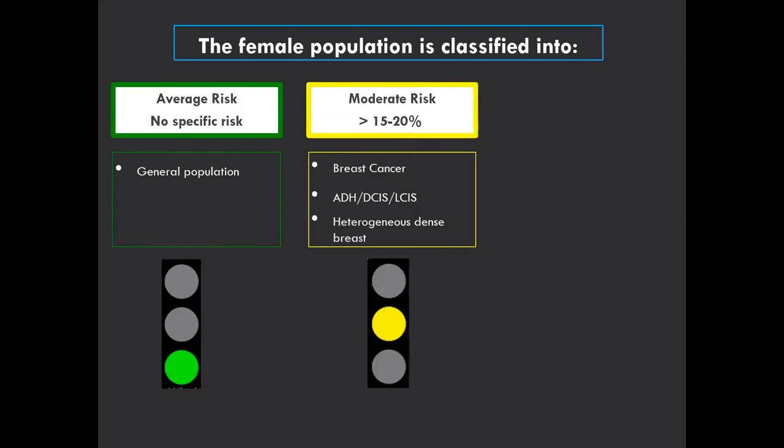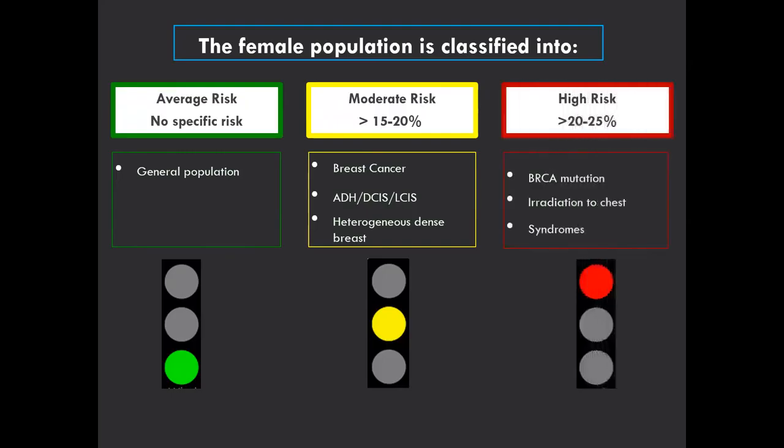The second group is the moderate-risk individuals who have a risk which is 15 to 20% higher than the general population. This group includes patients with a past history of breast cancer, patients who have had lesions removed from the breast which turned out to be proliferative precancerous lesions, and those patients whom we commonly see with a heterogeneous dense breast parenchyma.